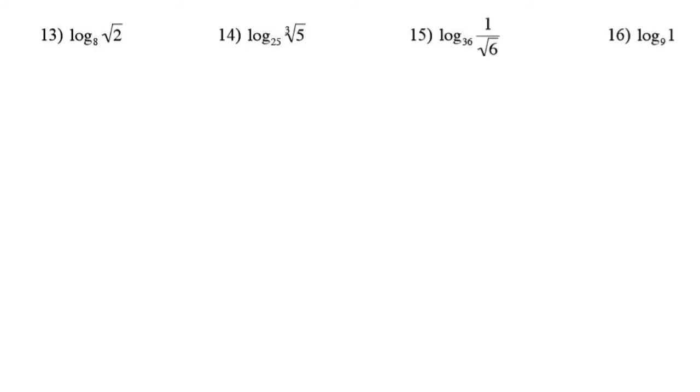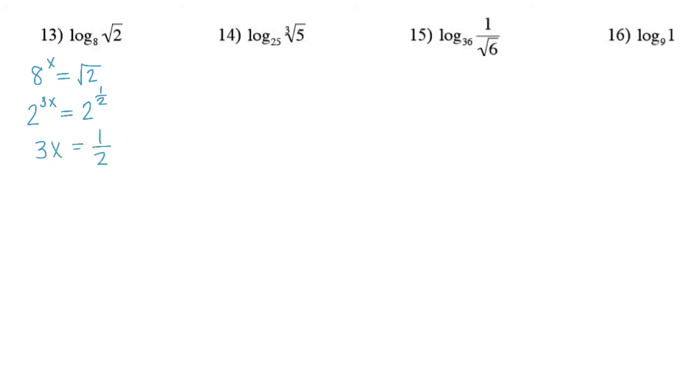So for this first part, again, we're saying 8 to what power is equal to the square root of 2. So let's do some rewriting. 8 is 2 to the 3rd power. That's going to be times x equals 2 to the 1/2 power, because that means square root. And so now 3x is equal to 1/2.